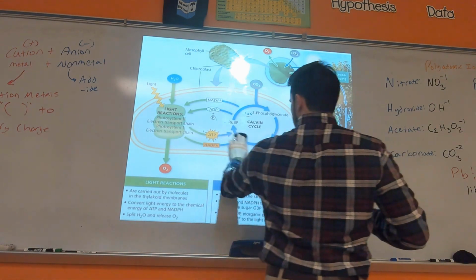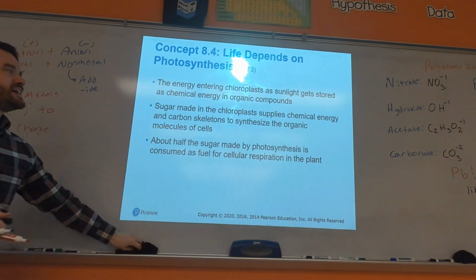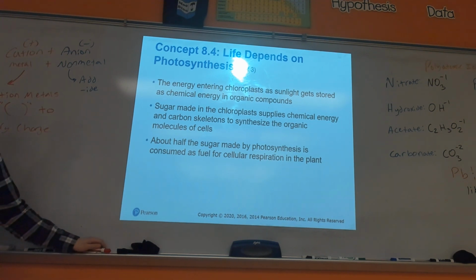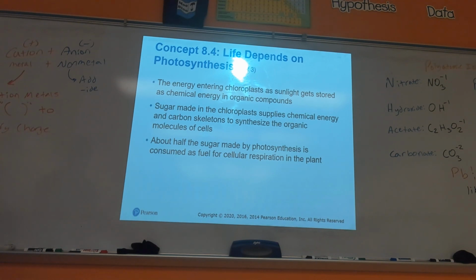Real quick, 8.4. This is technically part of 8.4. It's really just big picture talking about photosynthesis. I've already said most of it. Remember the energy, the sugar that the plant's making, it's going to be used.